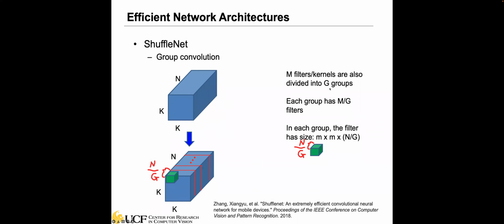Okay, here the example is 3 groups. Then you do this convolution in a group fashion, right? So for the first input group in the input feature map, you just consider these n/3 channels, right? And the filter will have n by n by n/g, where g is the number of groups, here 3, right?